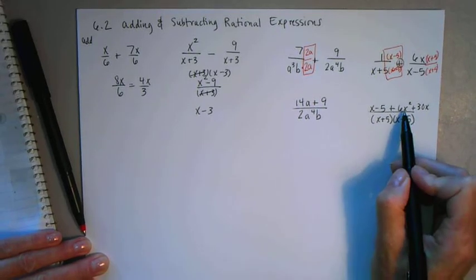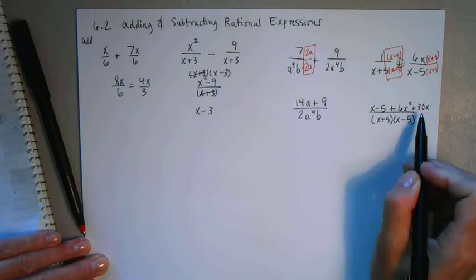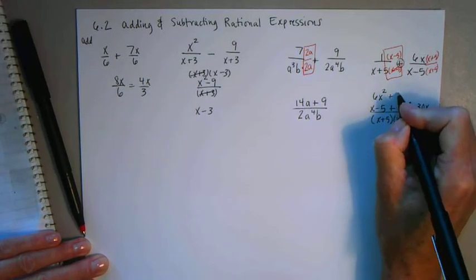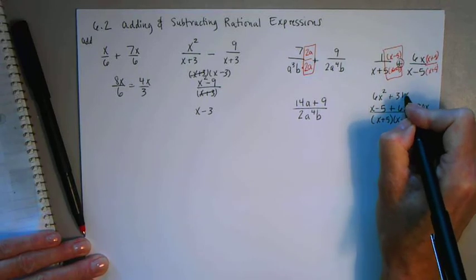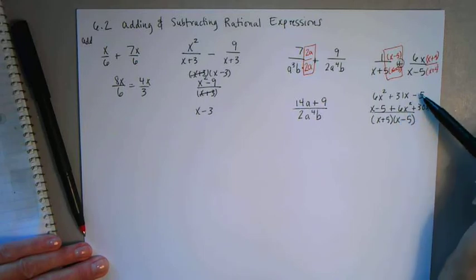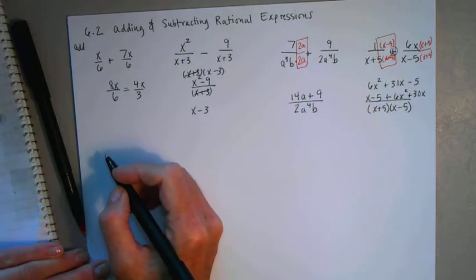Alright, now if there were any like terms, there is. I have an x here and a 30x here. So let's go ahead and come in order. My 6x squared first, then my 31x that I have. Some expressions factor and reduce, so you might have to check and make sure it doesn't factor and reduce. But I think that's our answer on that. Alright, let's try this one.